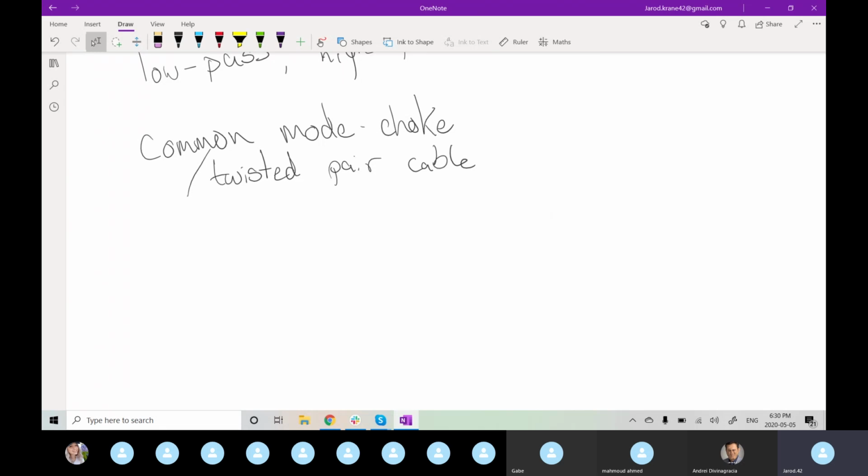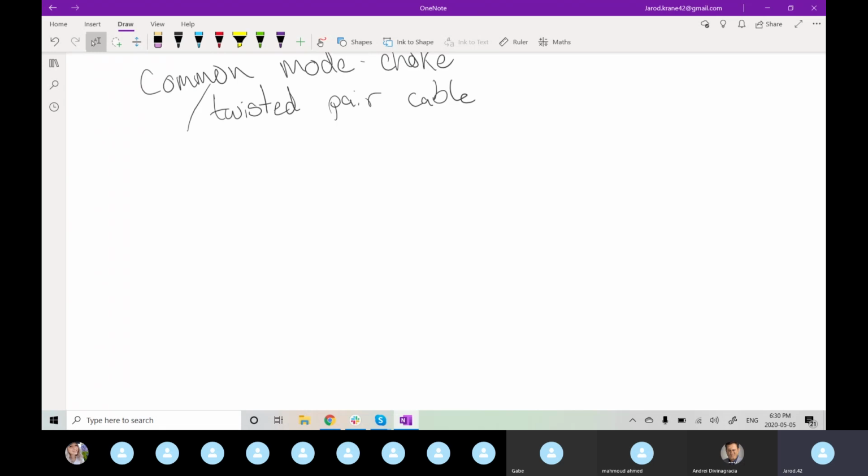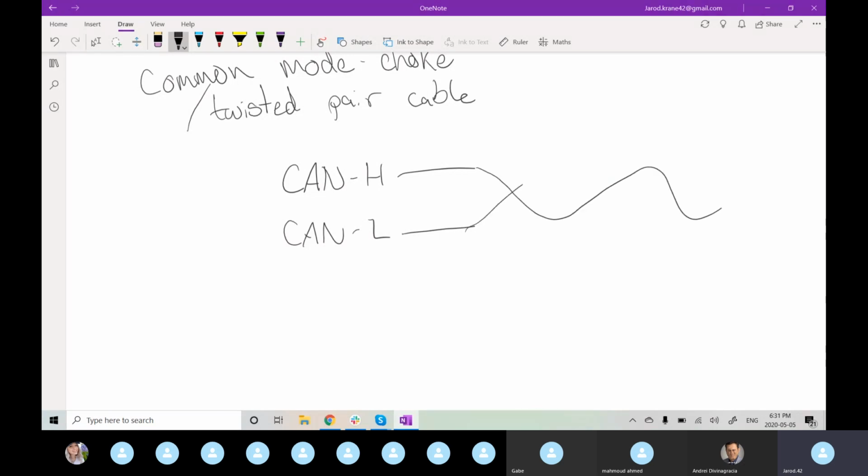If you're running your two communication lines, like we said before, your CAN high and your CAN low, since CAN is just a two-line communication, if you have to go board to board, you would twist your wires together when you send it off.